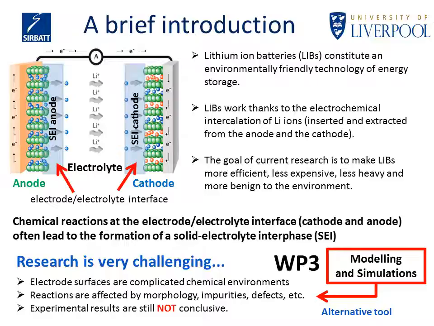Within this framework, modeling and simulation provide an alternative tool to investigate the reactions at the electrolyte interface. And this is the strategy that we have followed in this work package 3.